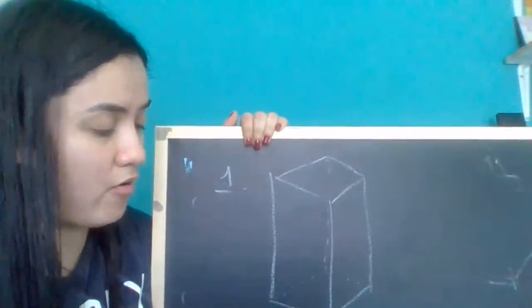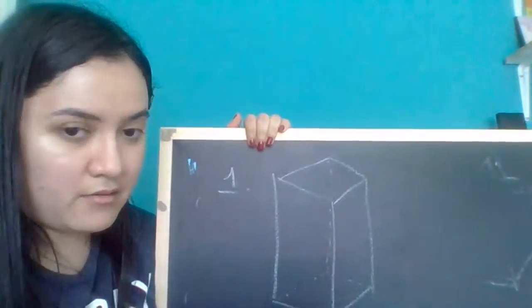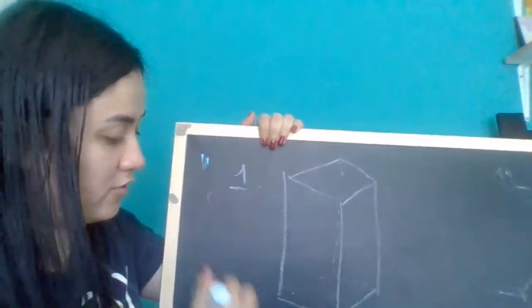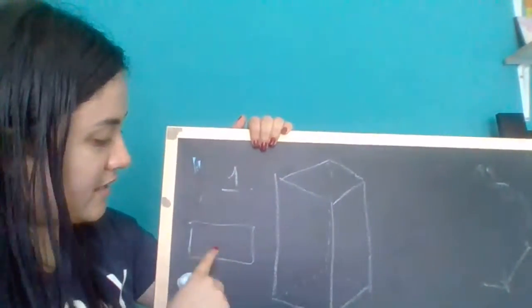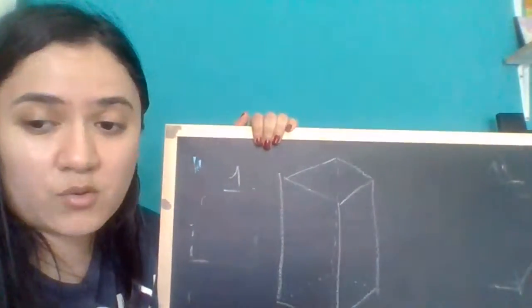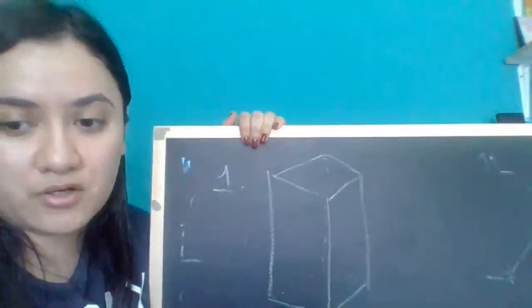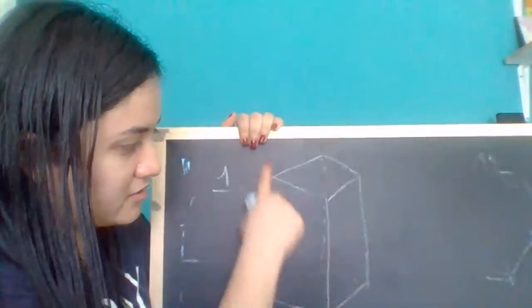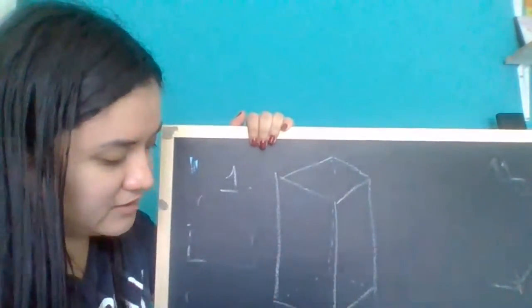It's not a square, Alma. It's a rectangle. Yes, we start with a rectangle, right? But it cannot be just a rectangle, because a rectangle is only that. It cannot be a square, because in a square all of the sides are congruent. And this side is not congruent, not everything is the same. This is longer than this.